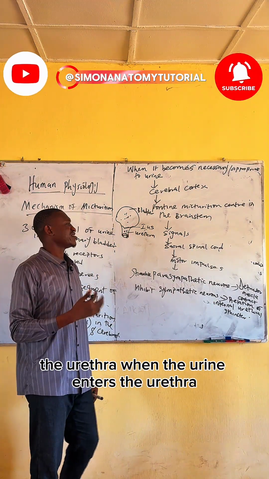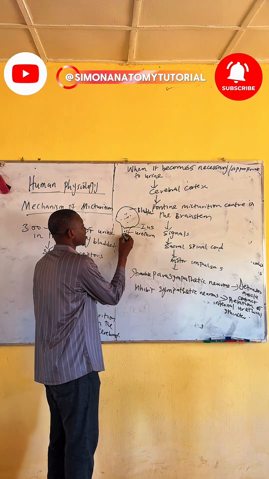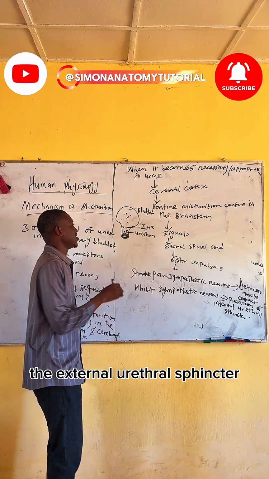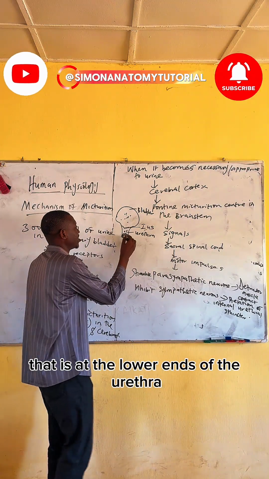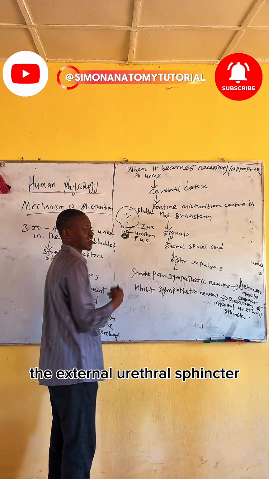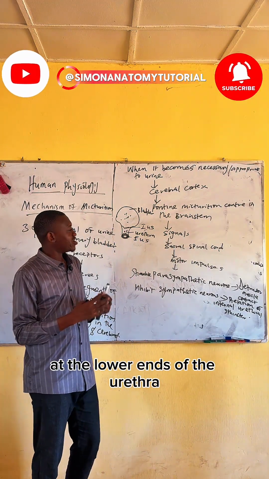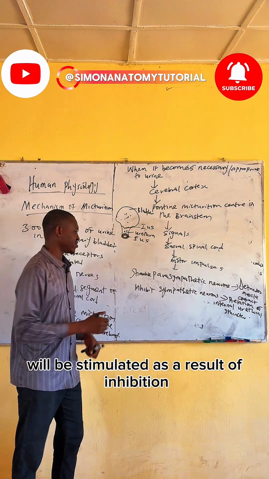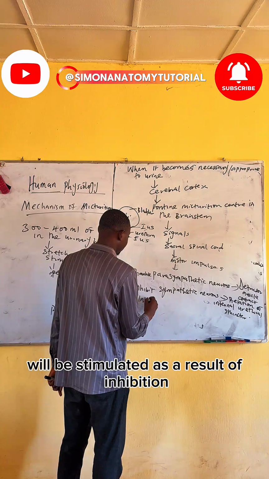When the urine enters the urethra, the external urethral sphincter at the lower end of the urethra will also be affected, as a result of inhibition.